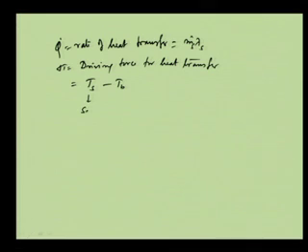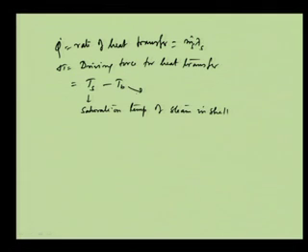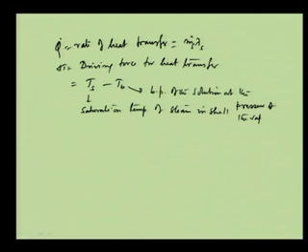where T_s is the saturation temperature of steam in the cell, and T_b is nothing but the boiling point of the solution at the pressure of the vapor chamber.